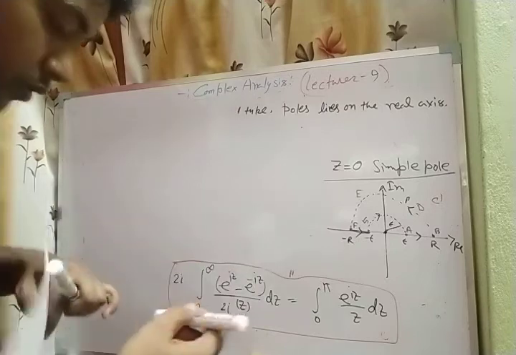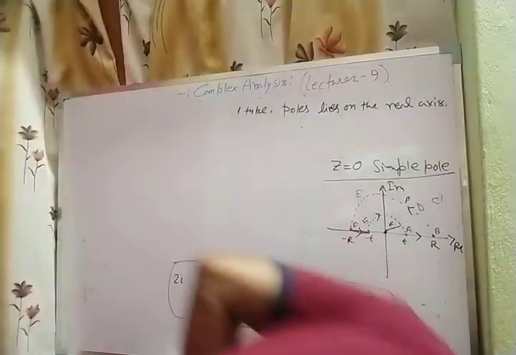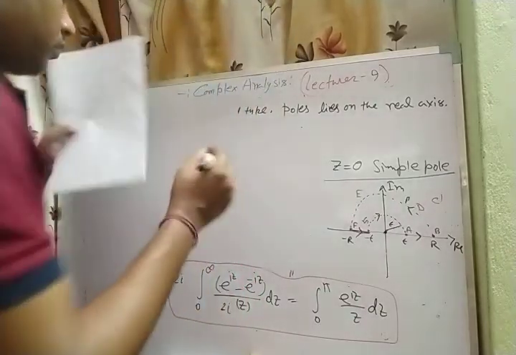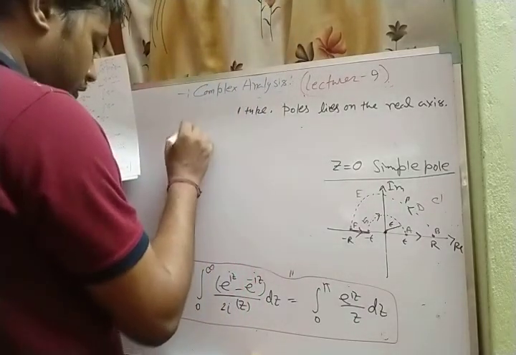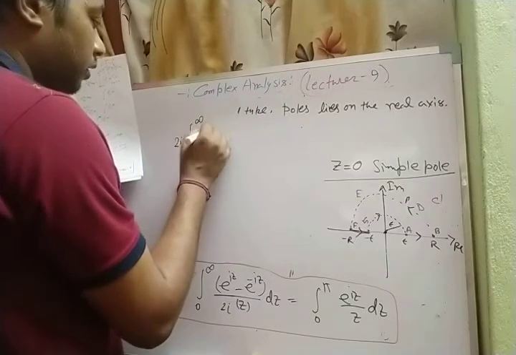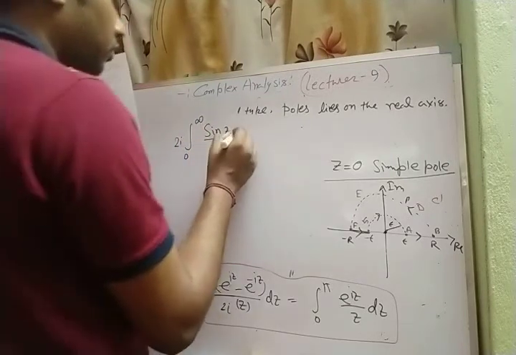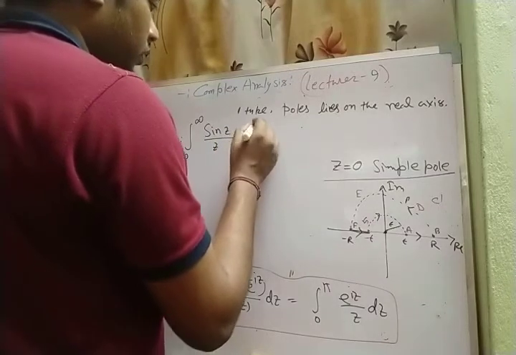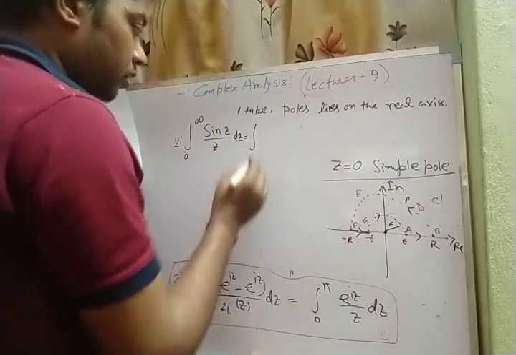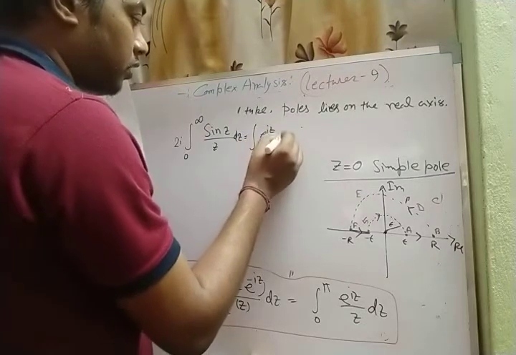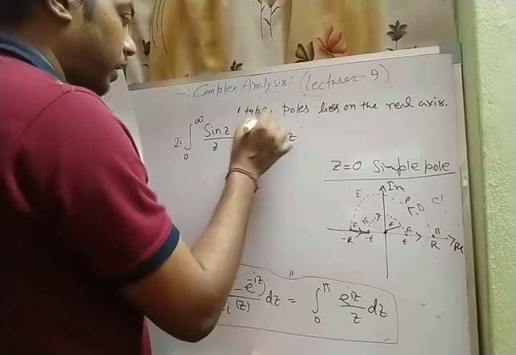This gives the integral from 0 to infinity of sin z by z dz equals the integral of e to the power iz by z dz from 0 to pi.